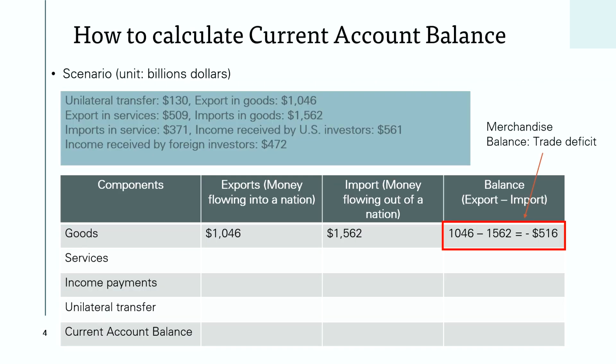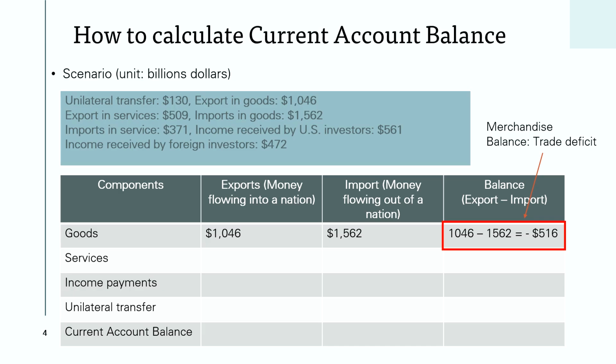All right, let's take a look at a practical example. We are given information about exports and imports measured in billions of dollars. The first step is to calculate the balance for goods. Exports equal $1,046 billion. Imports equal $1,562 billion.